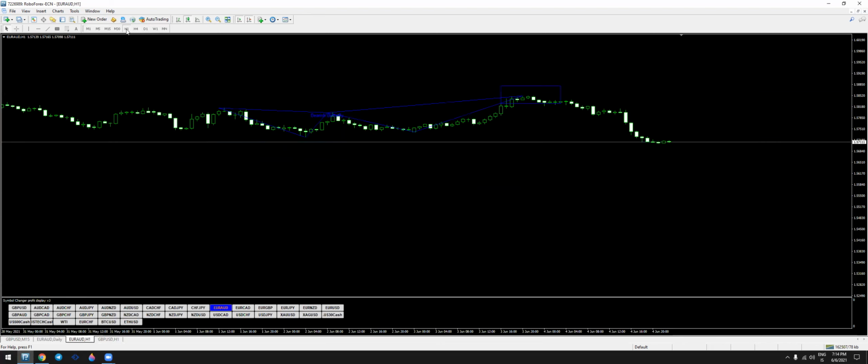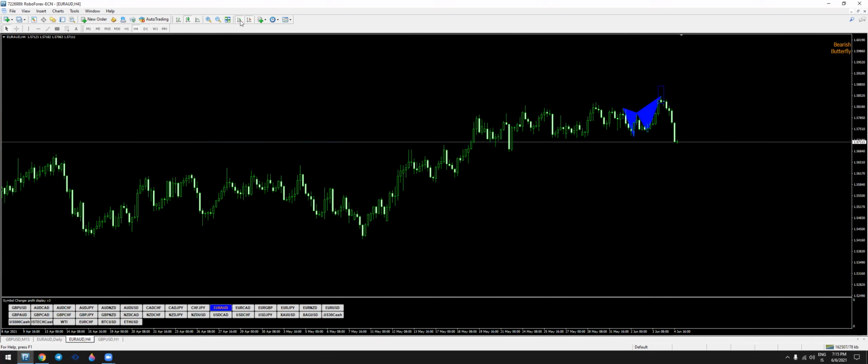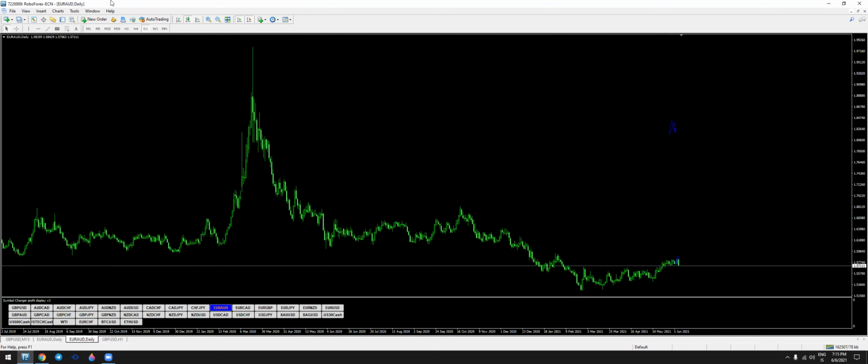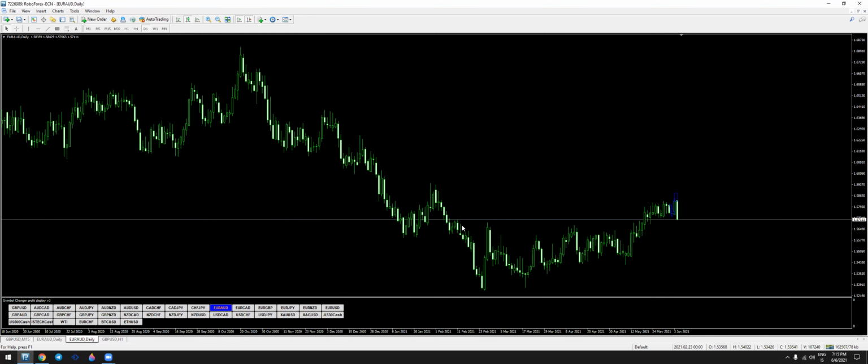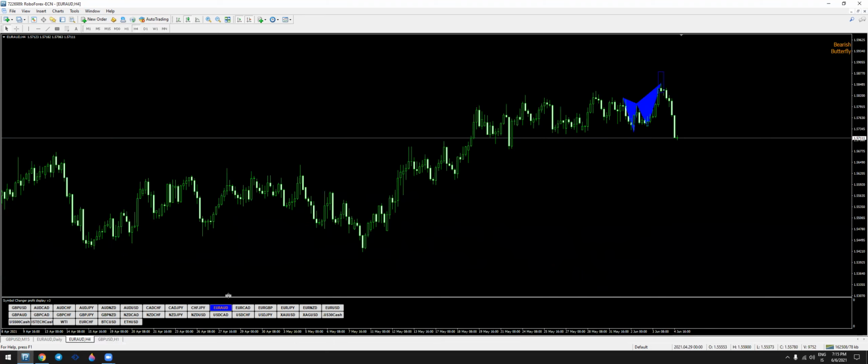But yeah, played out perfect. But again, this is a smaller, not the ideal pattern. And where is it? Let me see. Daily. Is it coming into a level here? Not really. But yeah, played out perfect.